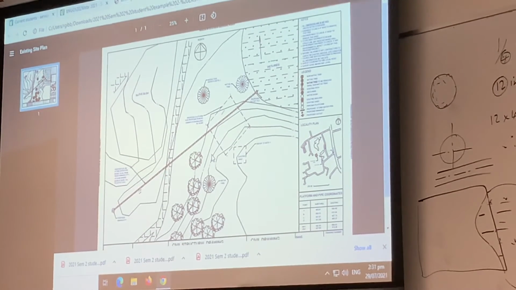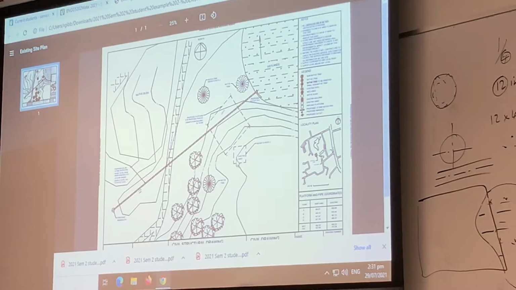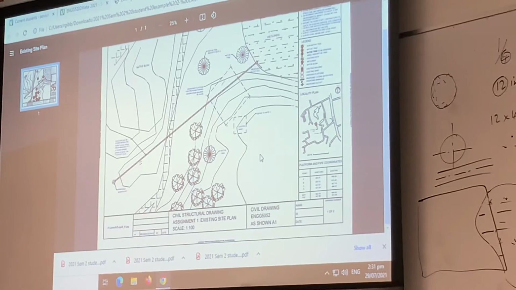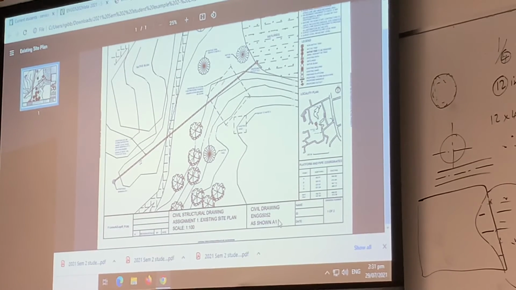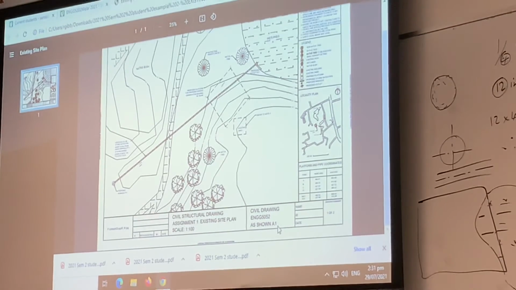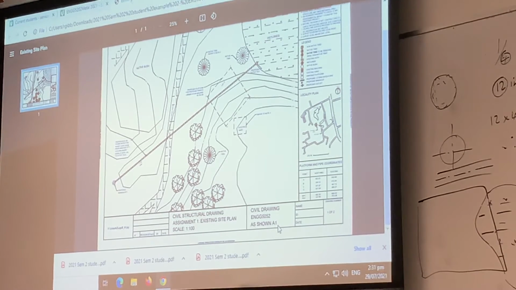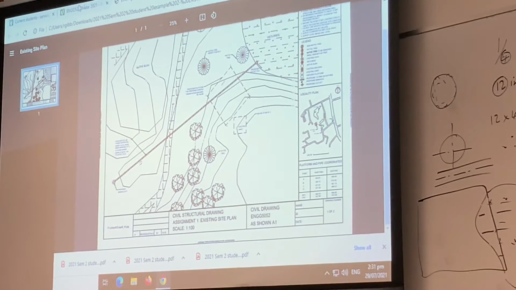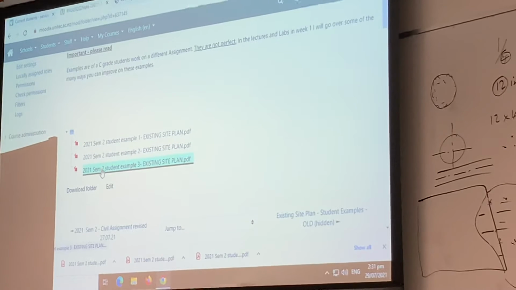I guess I work backwards from an A drawing in terms of absolute perfection. This is not the right way on the title block. You don't go scale 1 to 100 and then put as shown A1. You tend to do what it's done on the next drawing.